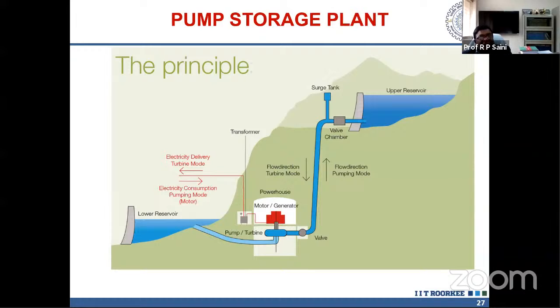In many countries, they are utilizing it like this. They have the pump storage scheme, and when demand is more, they sell the electricity at a higher price, and when there's low demand, they sell at a lower price. This way they manage it, because the same water can be lifted again.